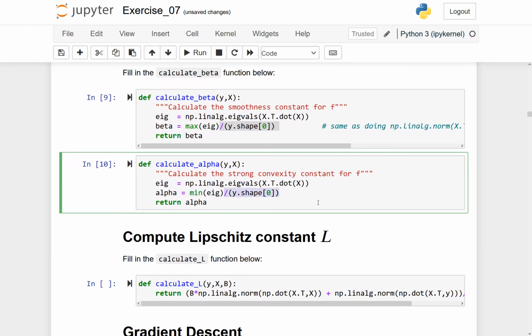Then the Lipschitz constant for this objective value function, we also calculated this a couple of times before. We need the gradient, of course, for our objective value, which is given here. And we define the function such that we get the gradient, and also, because we need it nevertheless while we compute the gradient, exactly this x, theta, y vector, which we get when we multiply the matrix X with the theta and then subtract the y.